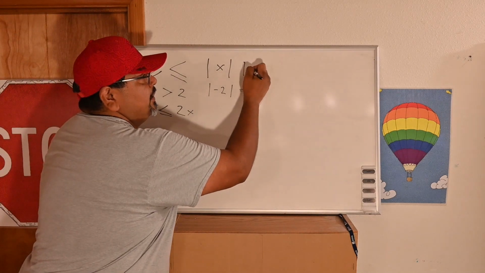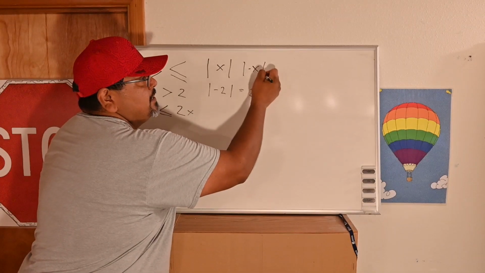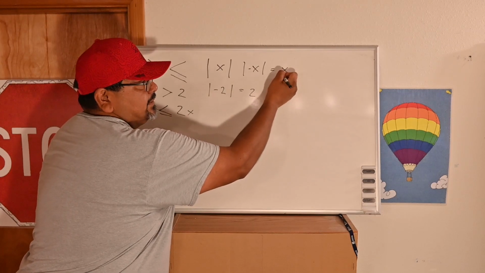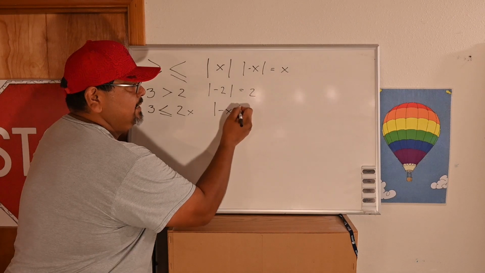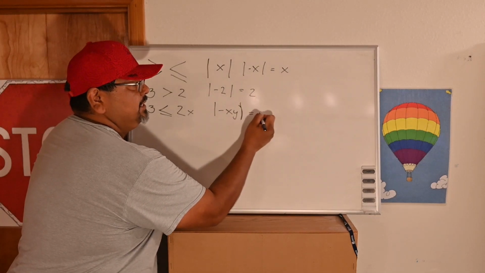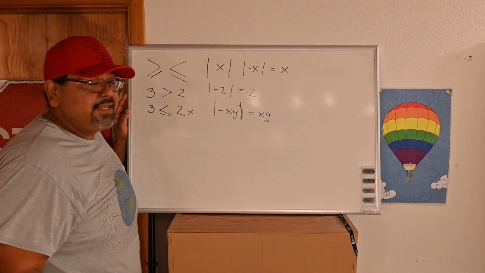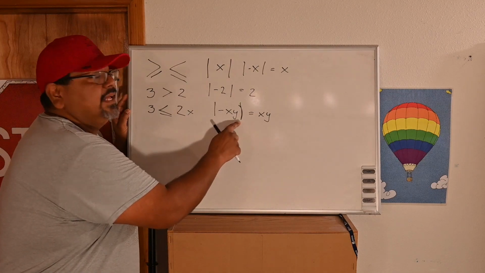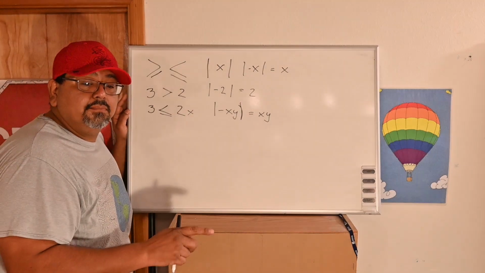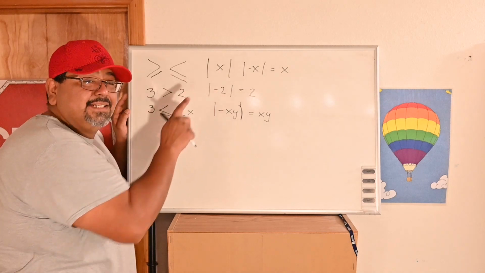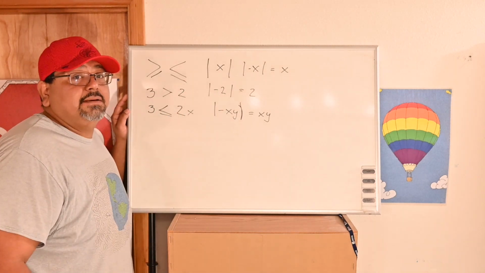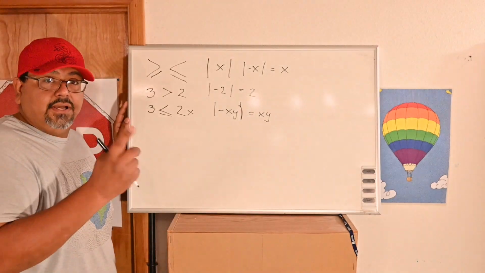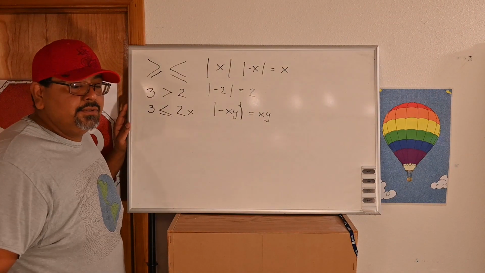Absolute value of negative x, that's going to be x. Same thing, absolute value of negative xy, that's going to be xy. Okay? So just realize that absolute value is something to look for, but it definitely gets a little bit more than what I'm just going over here. But we can go over some examples later on in some of the other shows that I'd like to do.